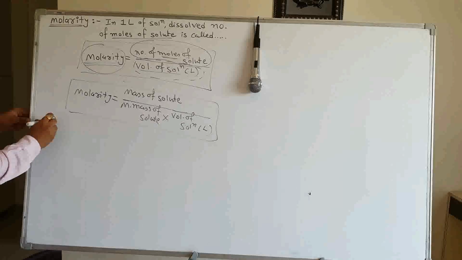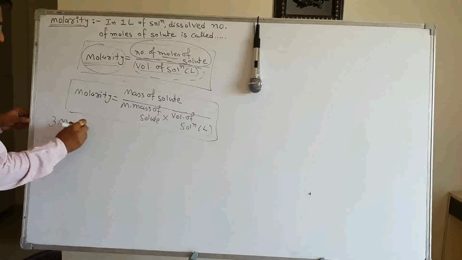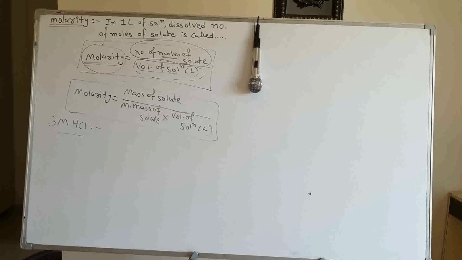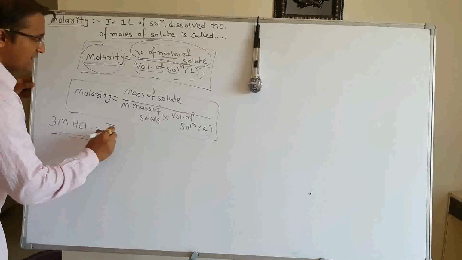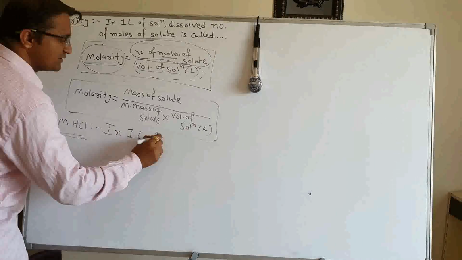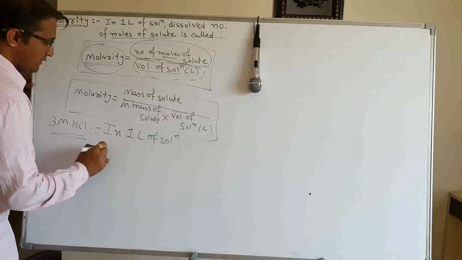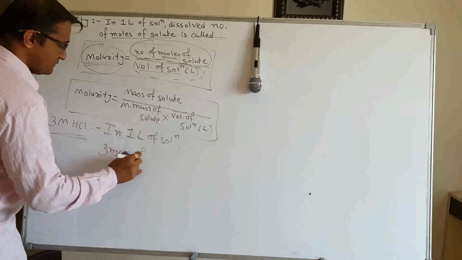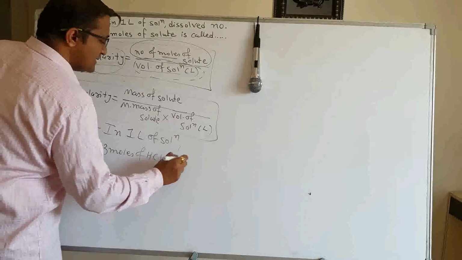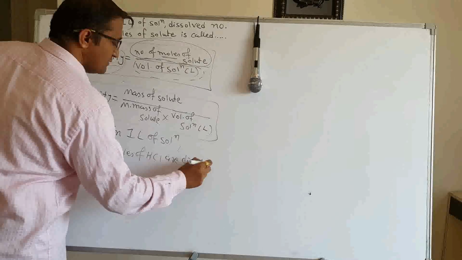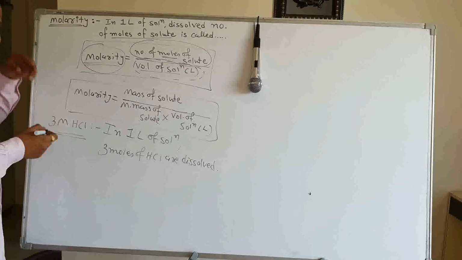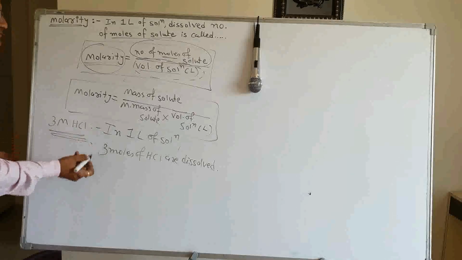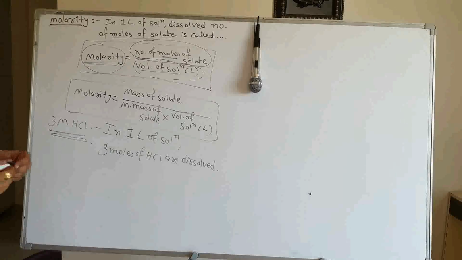So if we take 3 molar HCl, the meaning of it is that in 1 liter of solution 3 moles of HCl are dissolved. Means in 1 liter how many moles are dissolved, that is our molarity. So molarity unit is over.